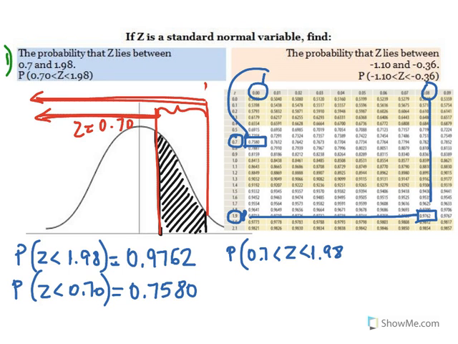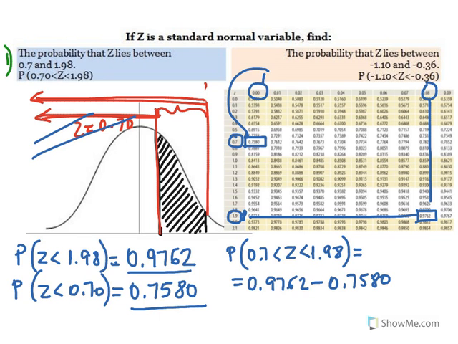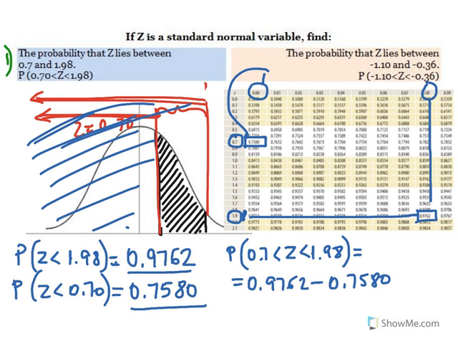Okay? In this case now we're going to find the probability of z smaller than 1.98 and greater than 0.7 by subtracting 0.7580 from 0.9762. Okay, so that's going to be equal to 0.9762 minus 0.7580. So the probability or the area that is smaller will be subtracted from the larger one to find this area here in the middle.